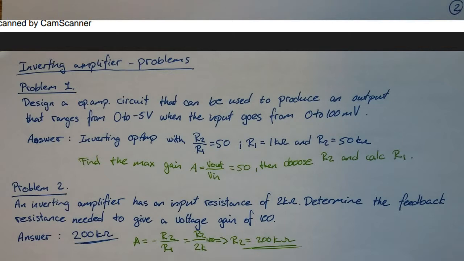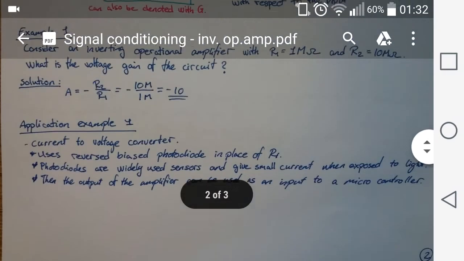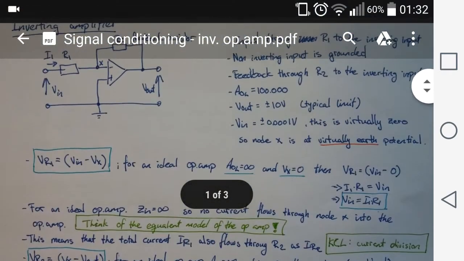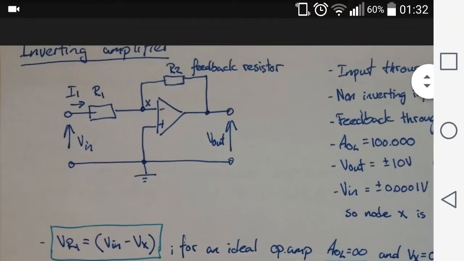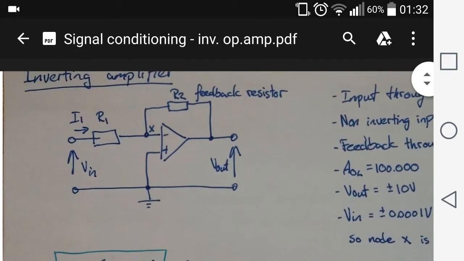To find the answer, you use this circuit here, where on the input you want 0 to 100 millivolts, and on the output you want 0 to -5 volts out.